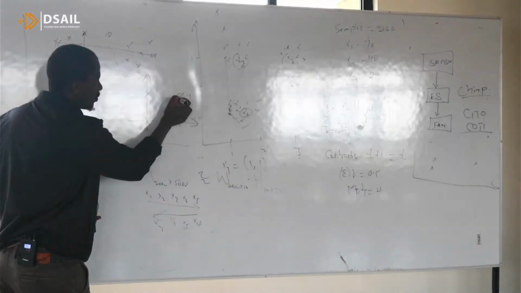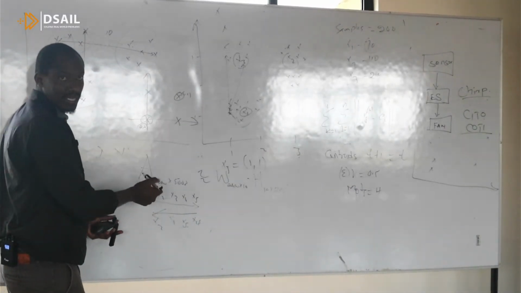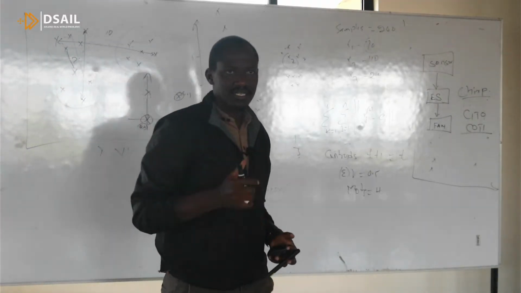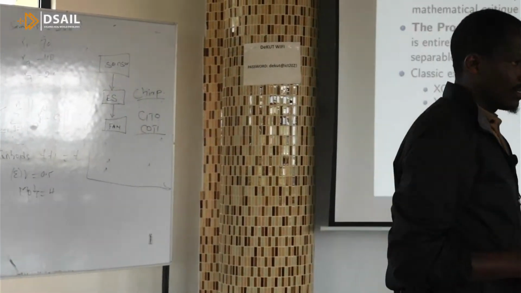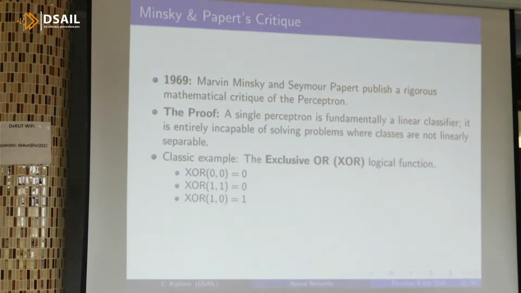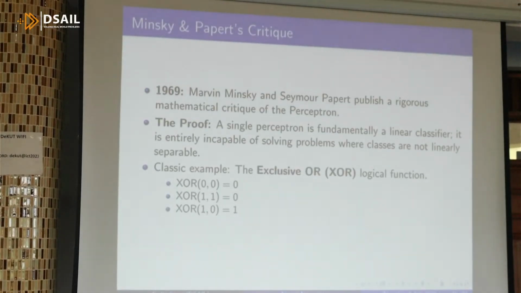So these two belong to the same class, and these two belong to the same class. There's no way to linearly separate them. Absolutely no way using a single line. All right. So that perceptron fails on a simple task like the XOR problem.